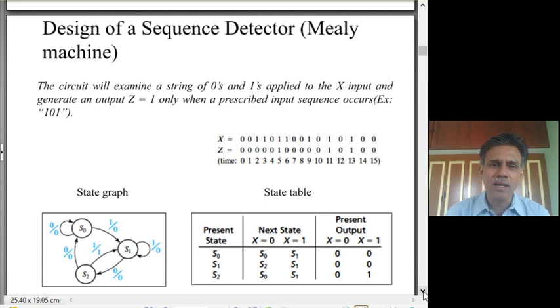But you can see that many finite state machine models, which take in a certain input sequence and produce an output sequence, can always be viewed as a sequence detection problem, because based on the different states to which the machine can go, for a certain input sequence it produces an output sequence.